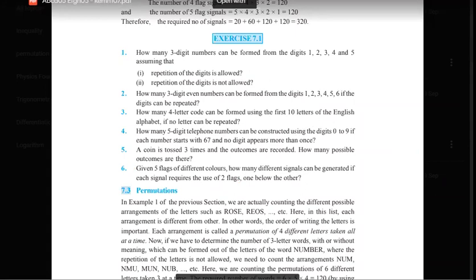Okay, wait, question 5. See, question 5 is this one, where repetition is there. So if you toss for the first time, you will get head or tail. Toss for the second time, again head or tail. Toss for the third time, again head or tail, right?